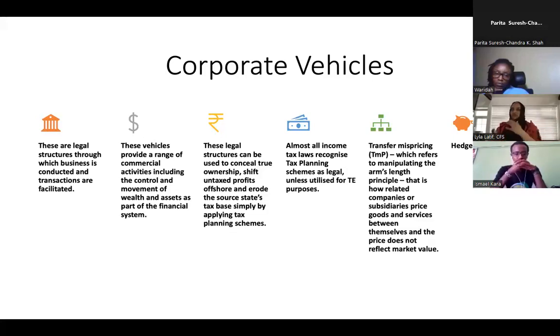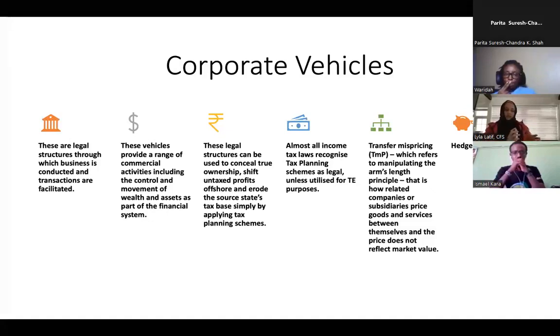Now, the most common method for partnerships and companies to actually avoid taxation and generate illicit financial flows is transfer mispricing, which refers to manipulating the arm's length principle. That is how you have related companies or subsidiaries price their goods and services between themselves, and the price does not really reflect the market value.